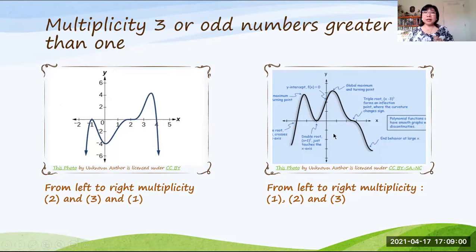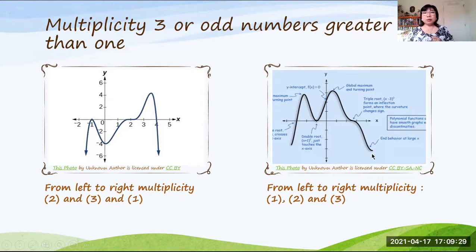Now let's go to the next graph. The next graph also goes downward for both directions. So the possibility is this graph is even degree as well. Let's count how many degrees this graph has. 1, because it crosses here, then 2, so 1 add 2 is 3, 3 add 3 here is 6.